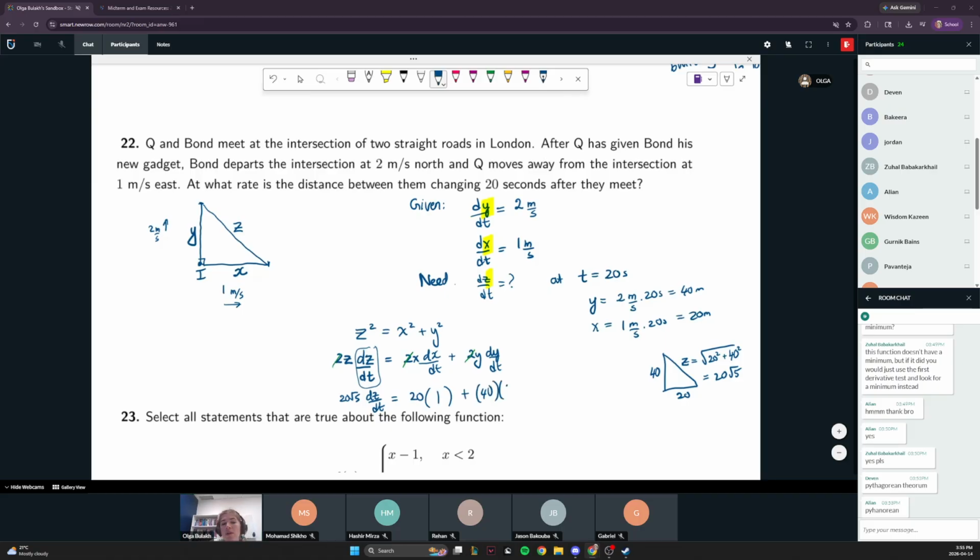And I want you to estimate the area under the curve over the closed interval 0 to 10, and choose five rectangles.